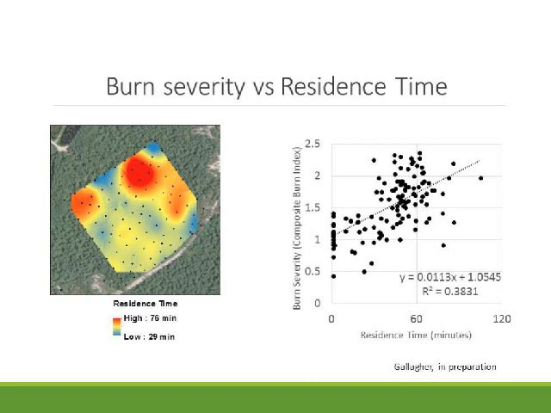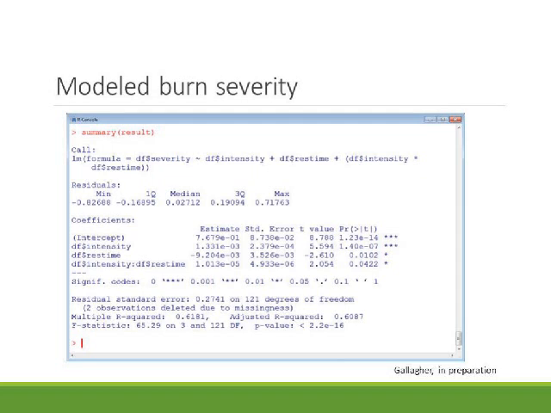So I went ahead and made a little model to try to figure out how these two things, peak temperature and residence time, related to burn severity, how they led to specific burn severities. And what I found is that the residence time and the interaction between residence time and peak temperature really provide little additional information about the resulting burn severity.